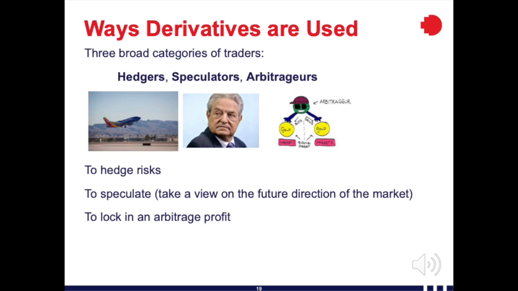How about arbitrageurs? Arbitrageurs are traders who take advantage of the discrepancy between the pricing in two different markets. For example, let's say this textbook, right? It is sold at the RMIT bookstore at $200, but exactly the same textbook is sold at Melbourne Uni at $210.